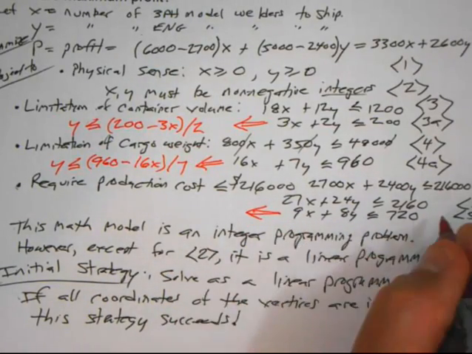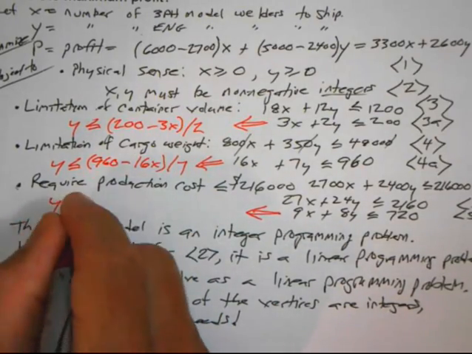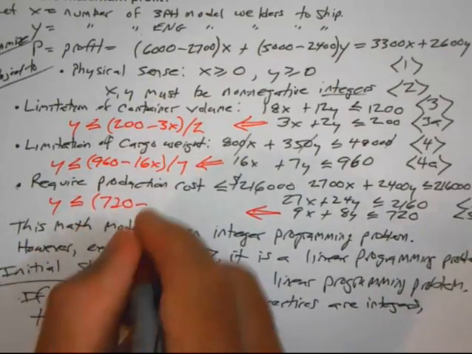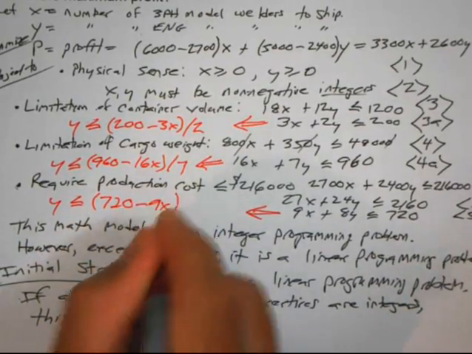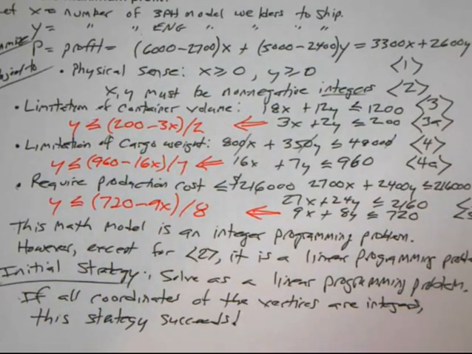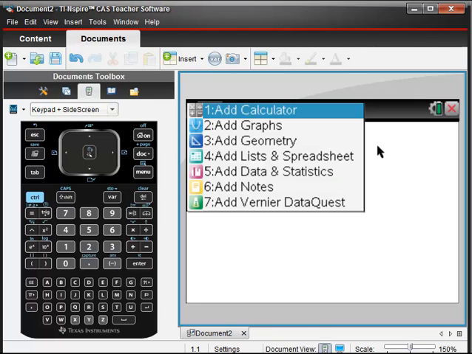Subtract 9x from both sides, divide both sides by 8. We have y less than or equal to (720 minus 9x) divided by 8. Okay, well, let's go to the Nspire. Okay, at the Nspire, let's open up a new document and let's add a graph.